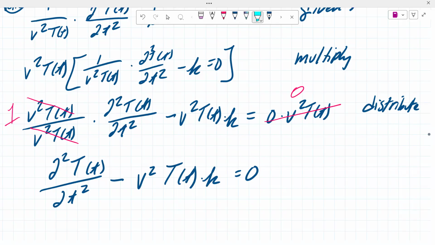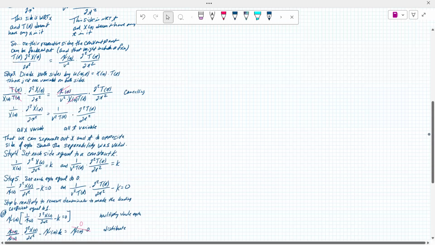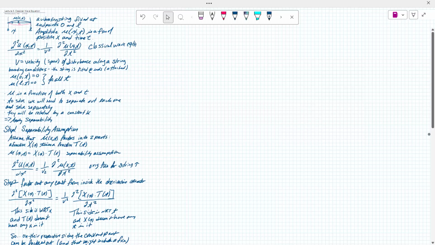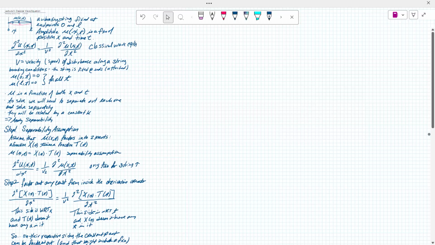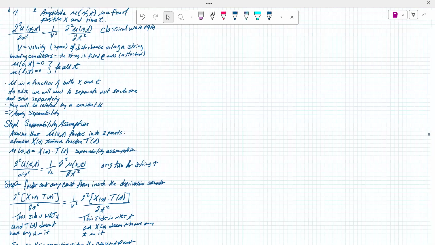All right, great. Let's step back for a moment. We've now done separability. Let's zoom out a little bit to see what exactly we have done here. We've talked about this wave equation, which represents a standing wave on a vibrating string, and we have this equation in two variables, x and t. The problem is we don't know how to solve with two variables, but we know how to solve with one variable.